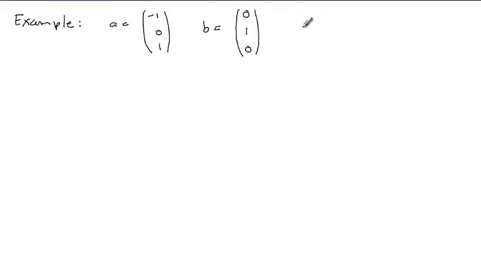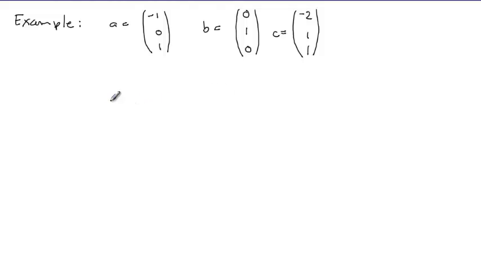Say, let's say the vectors A equals (-1, 0, 1), B equals (0, 1, 0), and this (-2, 1, 1). Let's call this one C.